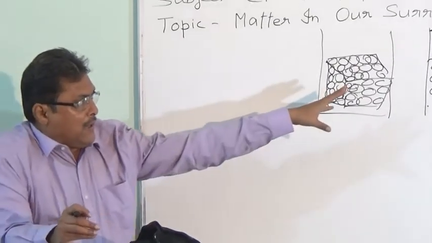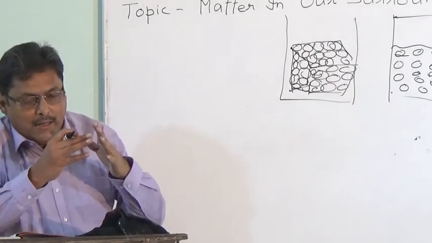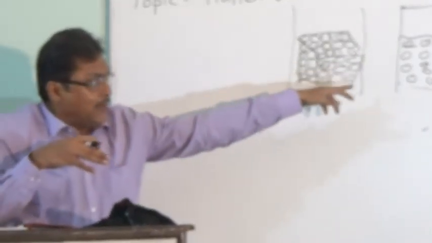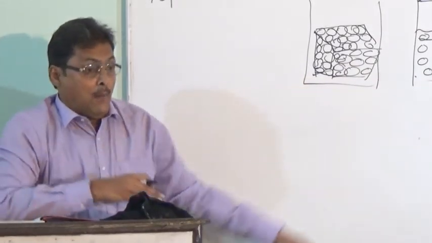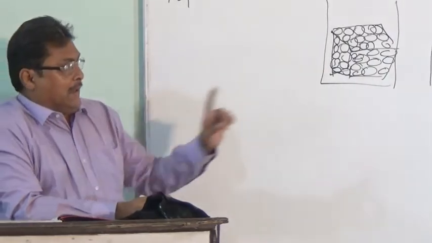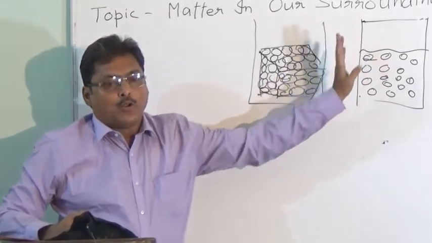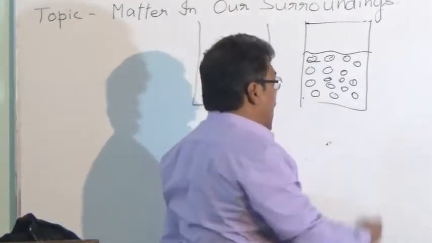The interparticle force of attraction is less in liquid, so the distance between the particles is more, and that's why they act as fluid. They need a container to keep them inside it, but still, they don't fill up the whole container. Now let's go to the gas.